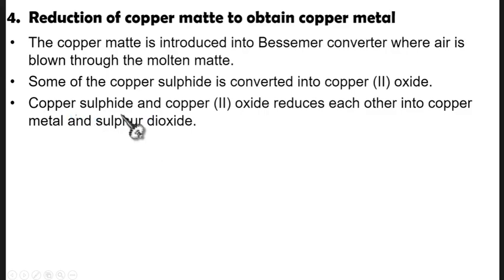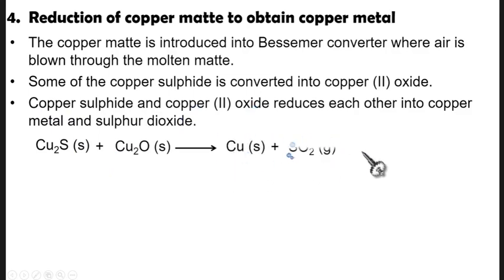This is the main reaction which produces copper. So we have copper sulfide reacting with copper(II) oxide to form copper plus sulfur dioxide.